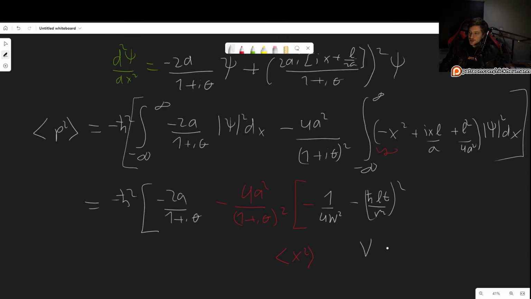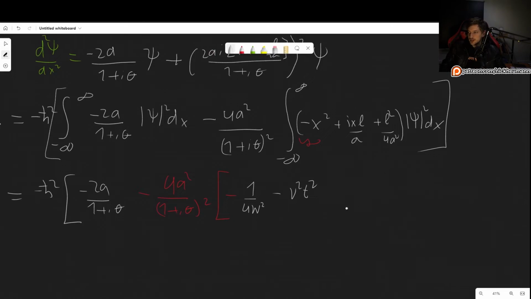But we know that the velocity of the group is h bar L over m, so we can simplify this by writing it as v times t. You don't have to do this, but it makes the algebra simpler. You could perfectly well leave it the way it was, but it's going to be a bit messier.